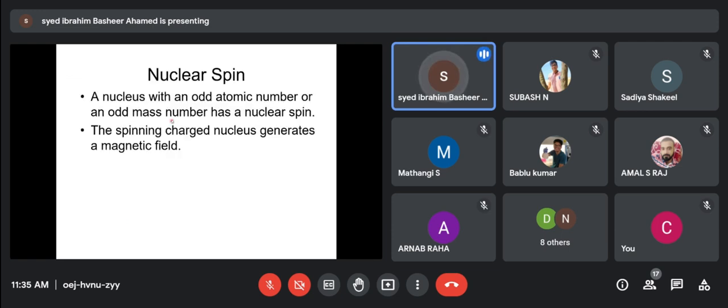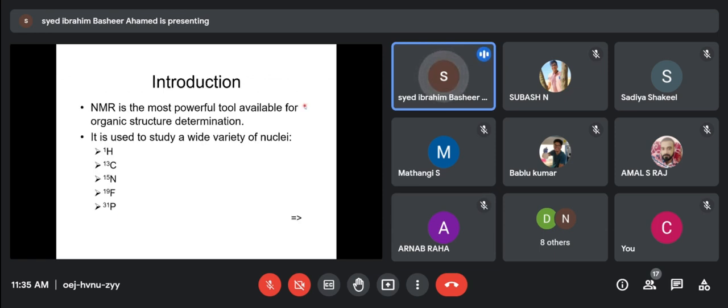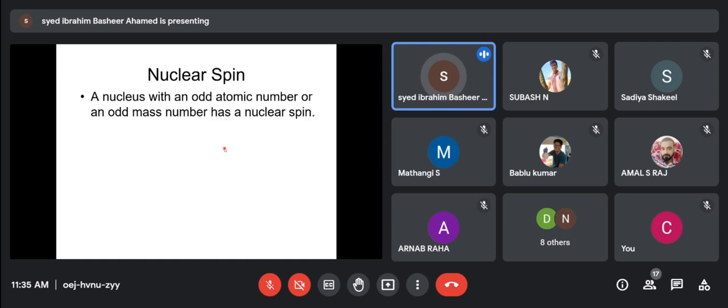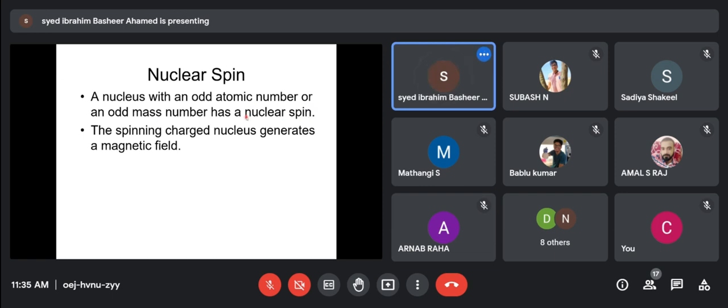A nucleus with an odd atomic number, as in whatever examples I have shown you, and or an odd mass number, has a nuclear spin. The important thing to note in NMR is the nuclear spin.